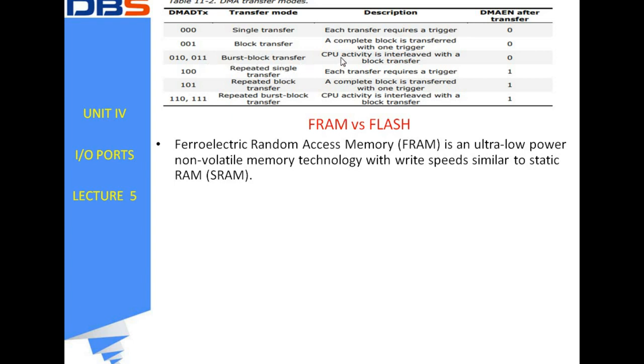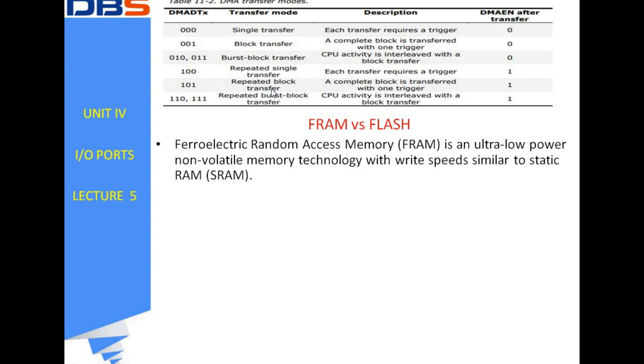Burst block transfer: CPU activity is interleaved with a block transfer. In this we are moving a block of transfer without the interference of the CPU. Repeated single transfer: repeatedly we are transferring with a single trigger.